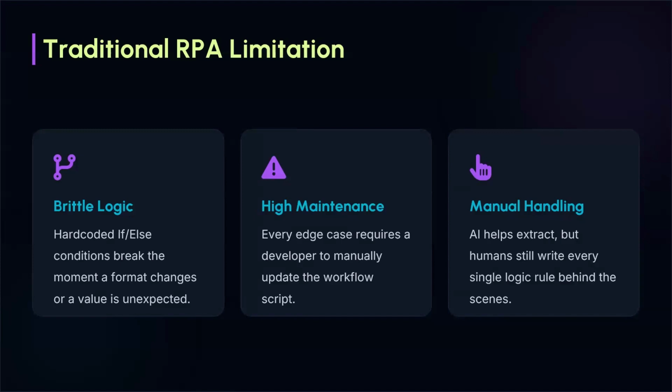Now, what happens when something changes? A new invoice format has been given to the process, or there is missing information, or there are values which are of unexpected formats. During this time, what happens? Your bot will break, and you will have to handle the scenarios by adding additional logic.